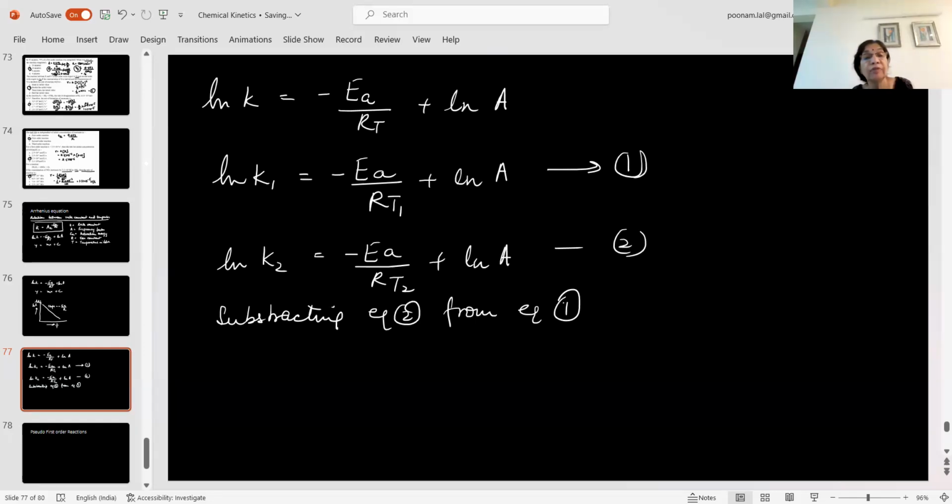If I do that, I will get ln K2 minus ln K1 will be equal to, I will subtract this one from the other one.